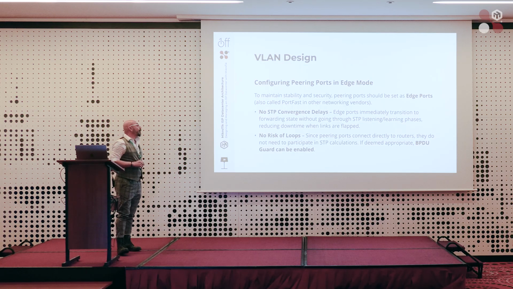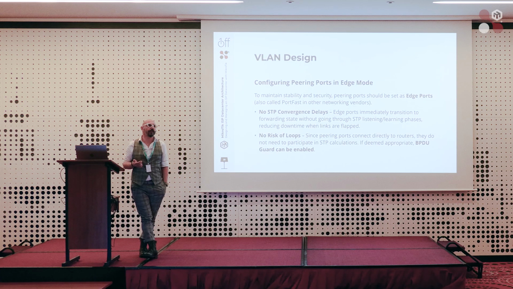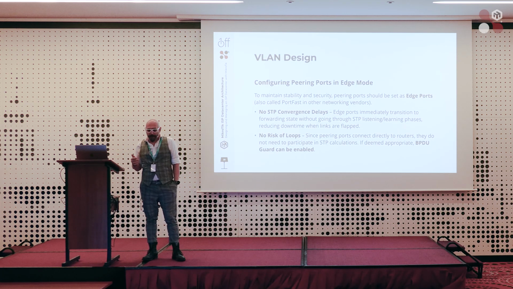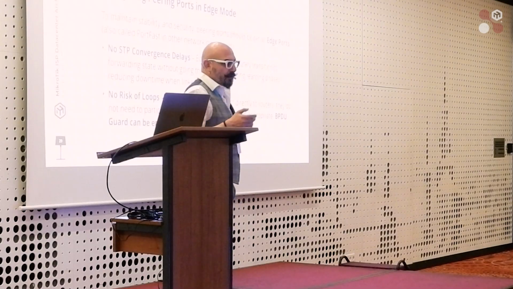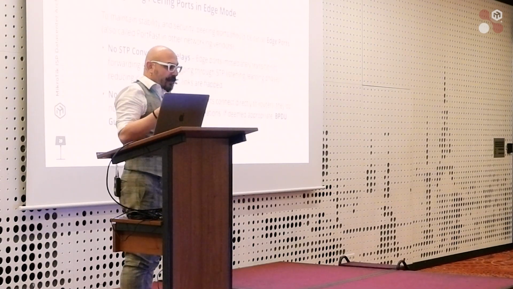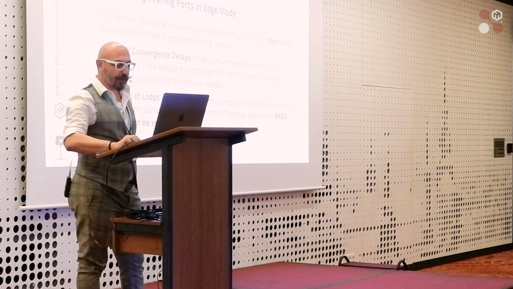I prefer to define the switch port as an edge port, not to extend my STP to others. And in case we don't want to gather some BPDU packets, we can set up the BPDU guard on the interface, just in case we need.